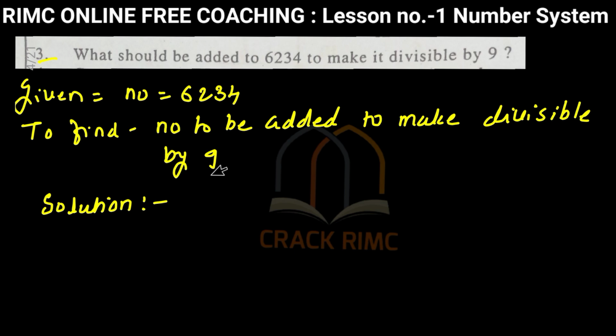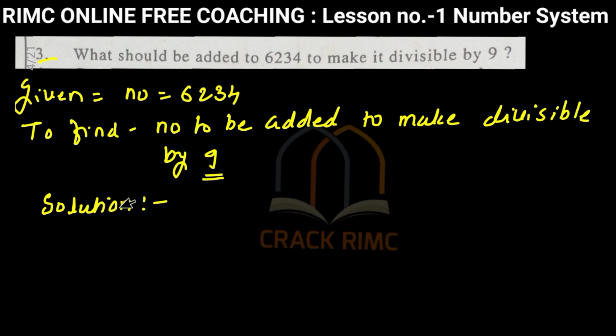We know that the divisibility rule of 9 is: if the sum of digits of the number is a multiple of 9, or is in the table of 9, then the number can be divided by 9.